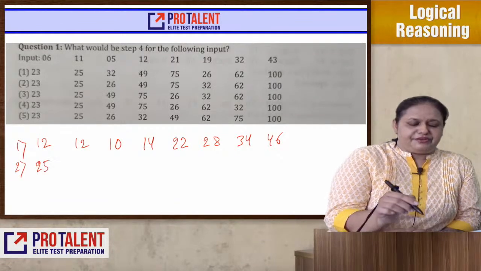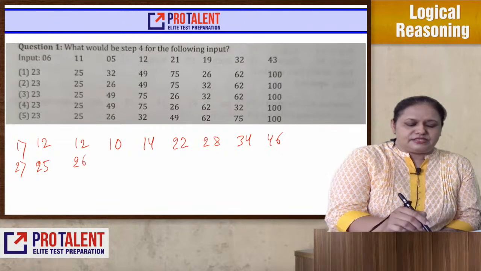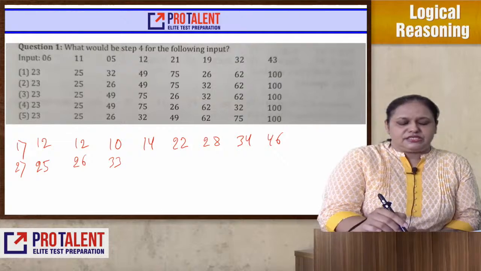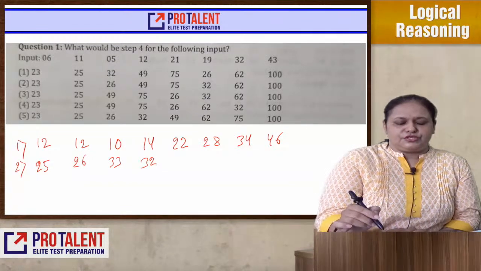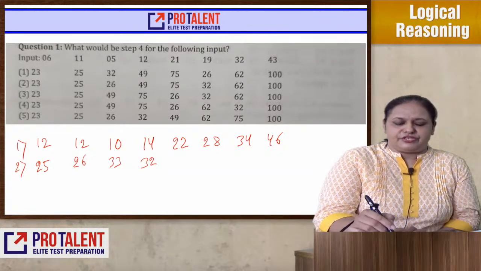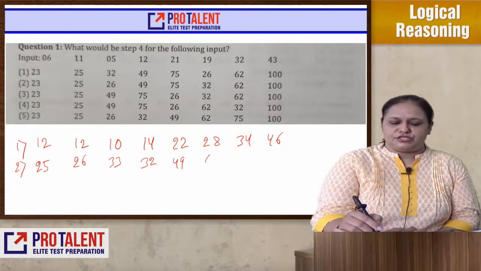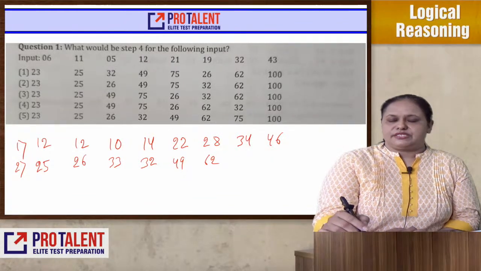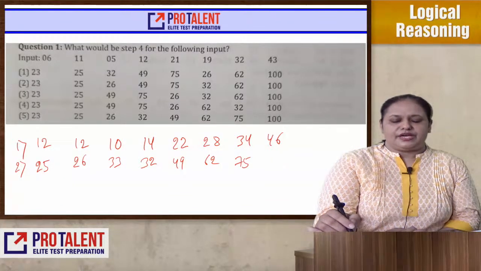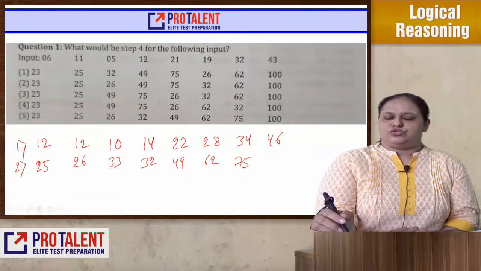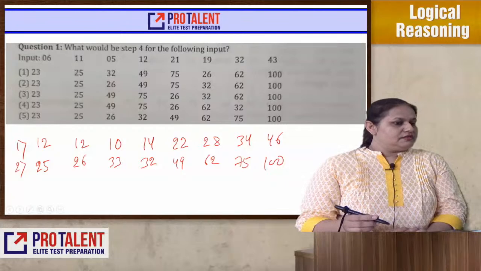So here it is going to be 25, here it is going to be 26, here it is going to be 33, here it is going to be 28, 32, 44 and 49, 28, 56 plus 6, so it will be 62, 68 plus 7, 75, and this is going to be 46, 92, 92 plus 8, right? 1, 2, 3, 4, 5, 6, 7, 8. So 92 plus 8, 100. So what would be the answer?